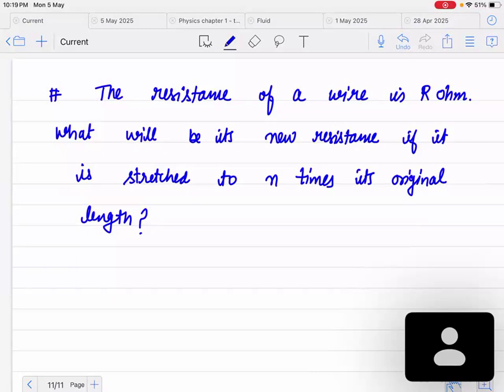So if area decreases, then definitely this will not work. You should find out how much the area changes. What is the new area? Just like the new length is n times the original length, similarly calculate the new area in terms of the original area.